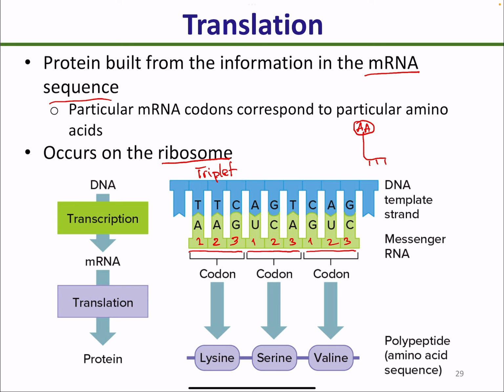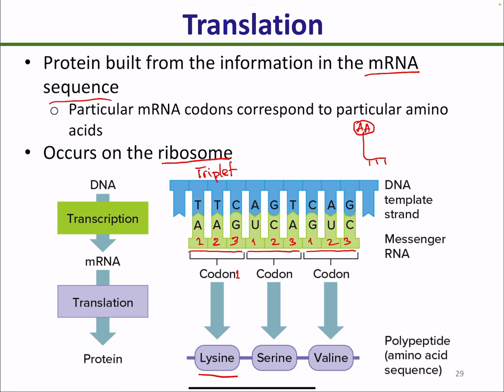Now, notice that each codon on this messenger RNA is recognized 1 at a time. There is no overlapping. So first, there is codon number 1 that is recognized, and we identify the equivalent amino acid. So AAG, the equivalent amino acid is lysine.